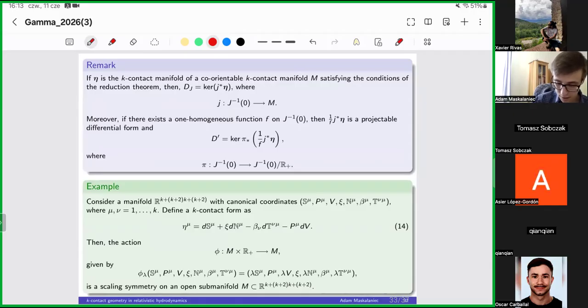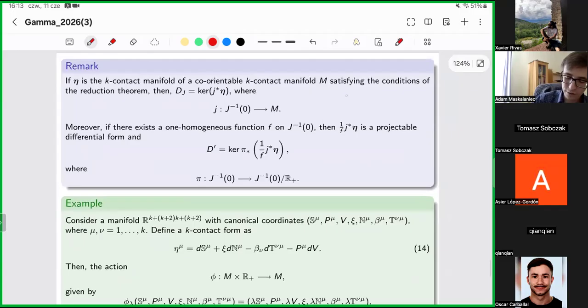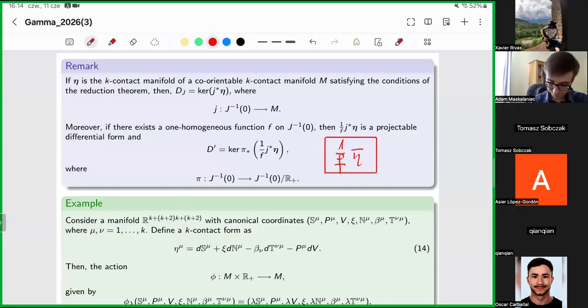However, at least locally, if we are able to find a one-homogeneous function that is non-vanishing, say a function f, then when we divide our original k-contact form by this one-homogeneous function, we obtain something that is zero homogeneous and thus invariant with respect to our scaling symmetry. And therefore, at least locally, we may recover the form of our k-contact structure in this classical language, okay?